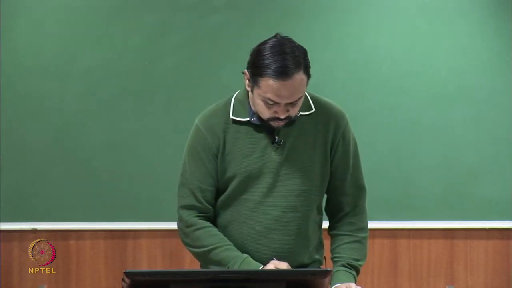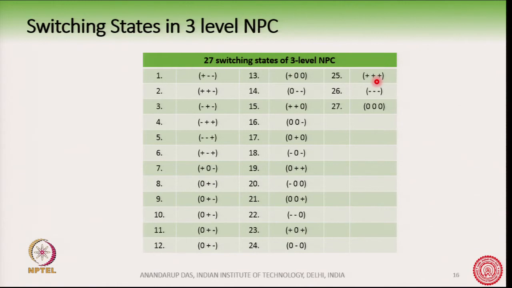So, these 27 switching states of the 3-level NPC are shown here. You can see that, for example, plus minus minus is one switching state. Plus means the A phase is at Vd by 2, minus means the B phase is at minus Vd by 2, and another minus means C phase is at minus Vd by 2.